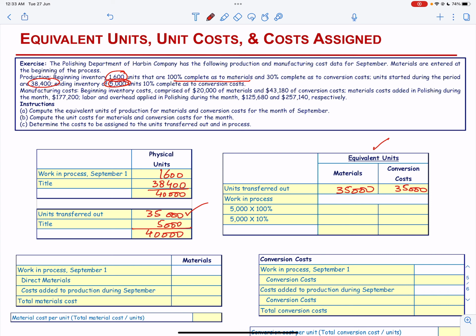Then 5,000 ending inventory, so 5,000 that is 100% of material, and 10% for the conversion, so 10% of 5,000 is 500. So the total you can see is 40,000 and this will be 35,500.